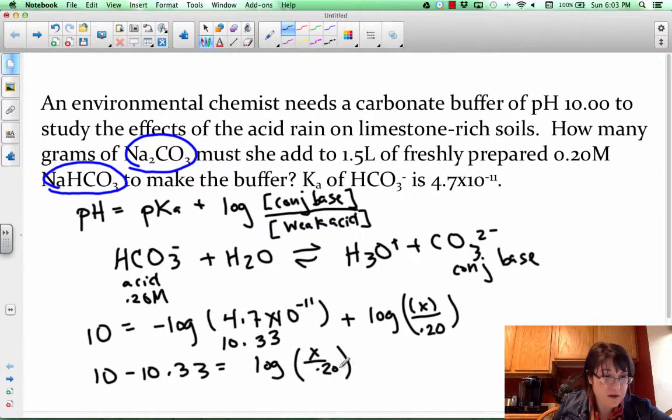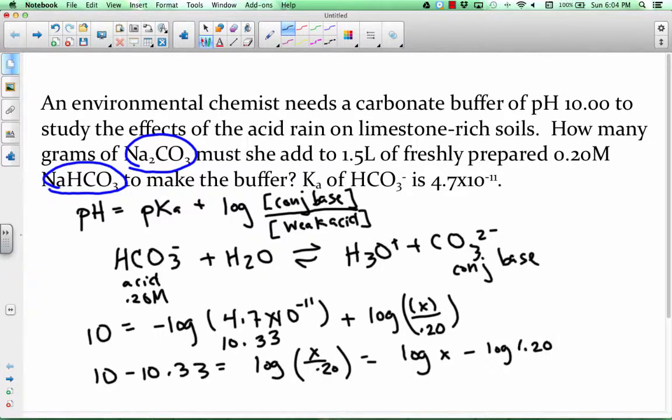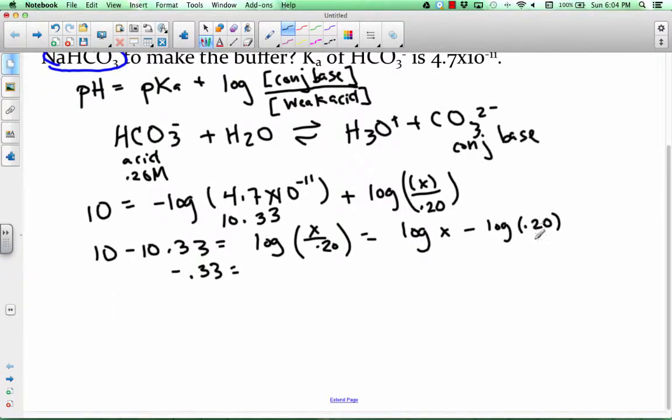And when we're dividing logs, that means what we're doing here is taking the log of the carbonate concentration minus the log of the bicarbonate concentration, because when we divide numbers with powers, we subtract the powers. So I end up with 10 minus 10.33, which gives us a negative 0.33. And what is the log of 0.2?